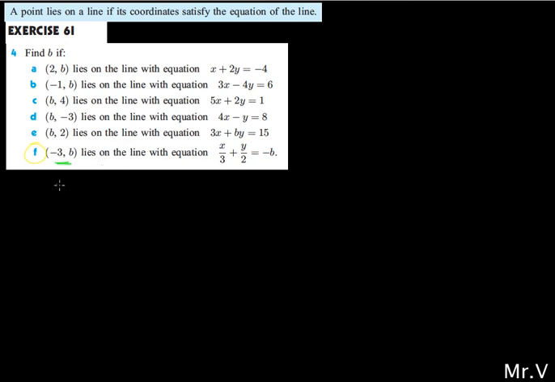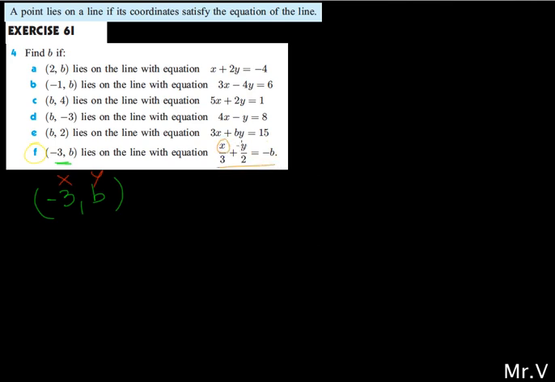So how is this? For example, for f, my point is -3 and b. So as you know, what we need to do is, just by looking at that, this is the x coordinate and this is the y coordinate, and I just have to replace them in my equation that is here.